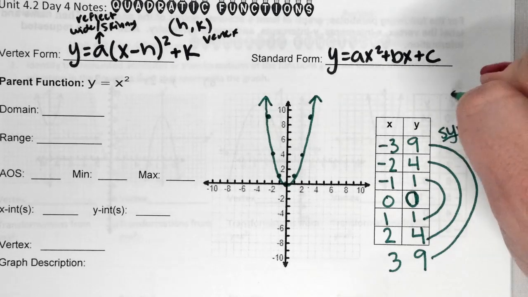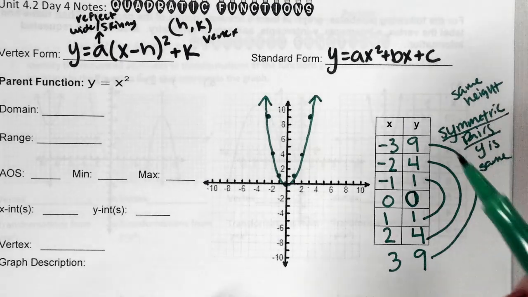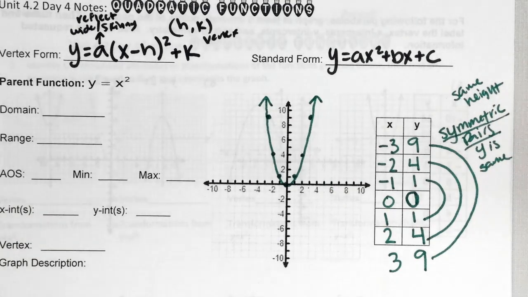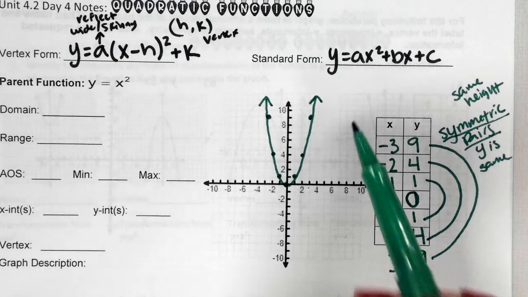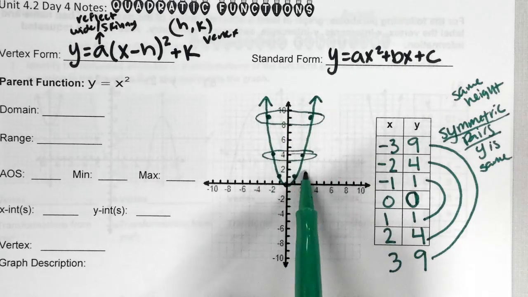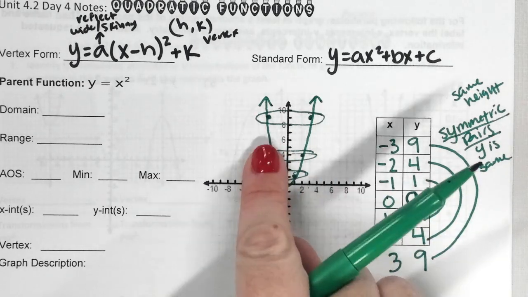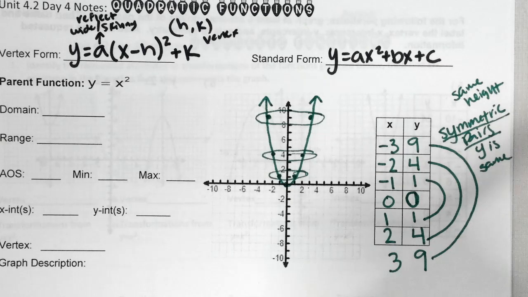Sometimes we also say same height in our table. So these are the same height. These are the same height. These are the same height. So those are all also symmetric pairs. So that's the difference between looking at the table and looking at the graph. Cool?